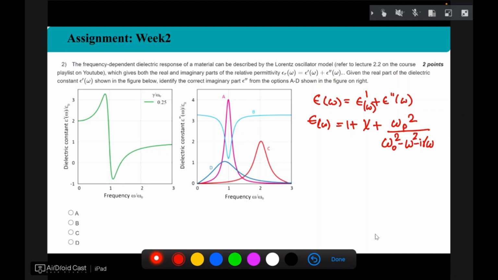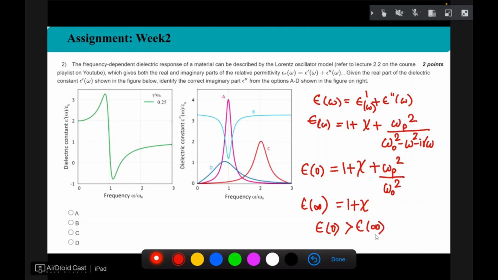If we substitute omega equal to 0, we have epsilon 0 equal to 1 plus chi plus omega p square by omega naught square. And if we substitute omega going to infinity, that will give epsilon infinity equal to 1 plus chi. So we know that epsilon 0 is greater than epsilon infinity, and in this case we can see that epsilon 0 is greater than epsilon infinity.